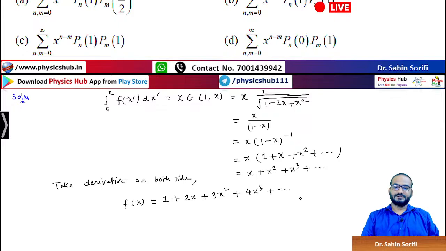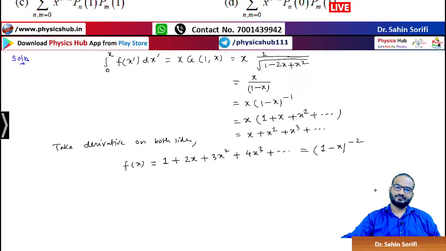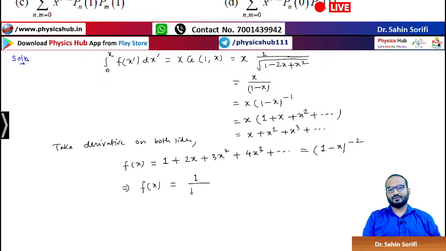And what is this 1 plus 2x plus 3x square? This is the well known formula 1 minus x to the power minus 2, isn't it? So f(x) is 1 by 1 minus x whole square.